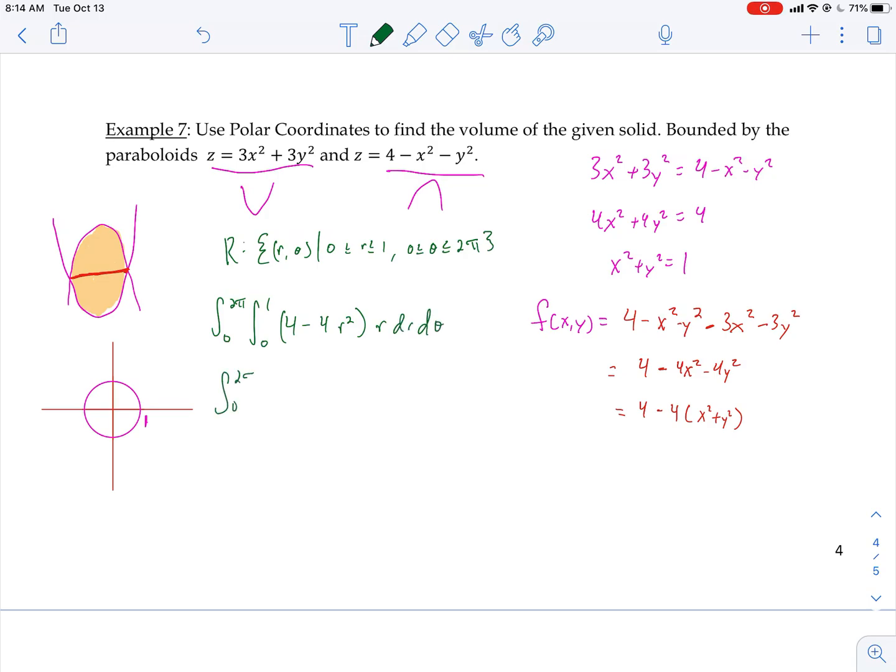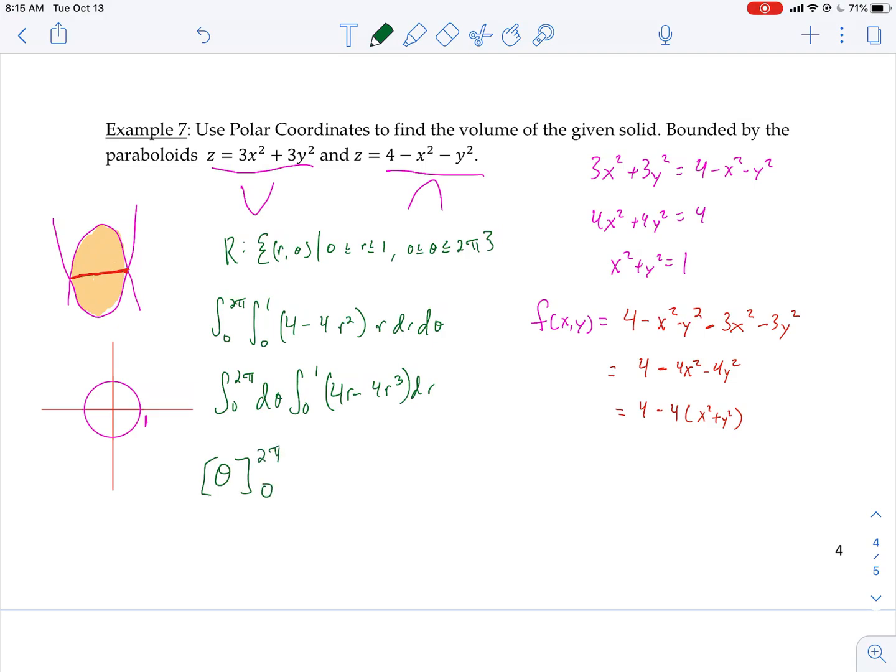r dr d theta. I'm going to pull out the theta integral, and multiply that by the integral from 0 to 1. I'll distribute the r, so 4r minus 4r cubed dr. Alright, integrate.